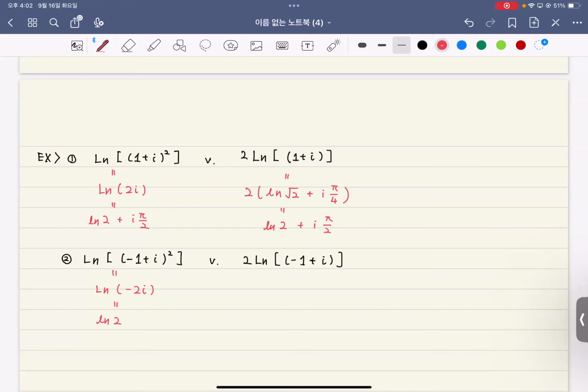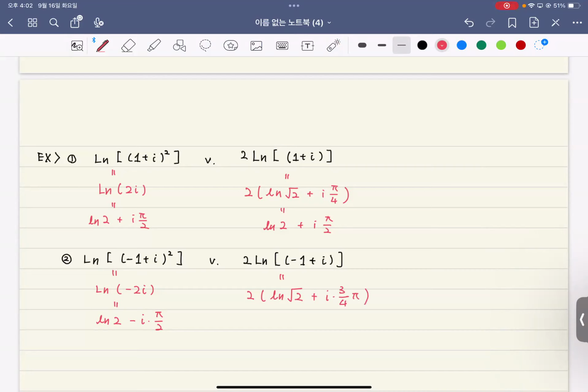And since this is minus i, the principal argument of this complex number should be minus i times pi over 2, I guess. But on the other hand, this is minus 1 plus i, so 2 times, again, natural log of square root of 2, plus the argument of this, which is 135 degrees, or in other words plus i times 3 over 4 times pi.